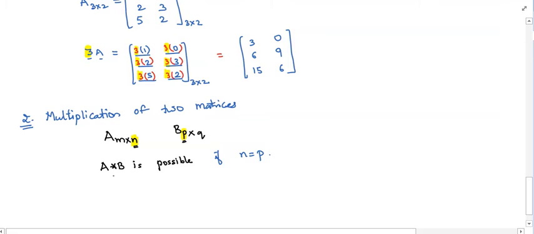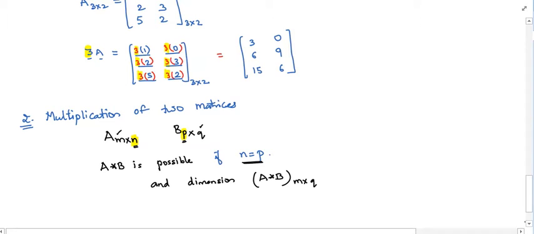When we multiply two matrices, again we will get a matrix, so we should have the dimension of the matrix. If this is possible, only if n is equal to p, the dimension of the matrix A multiply B, sometimes we write A star B or sometimes AB, will be given by the remaining two numbers, which will be m by q.